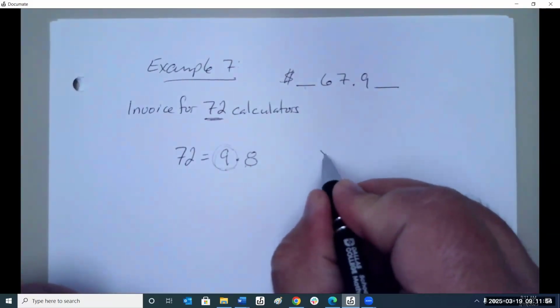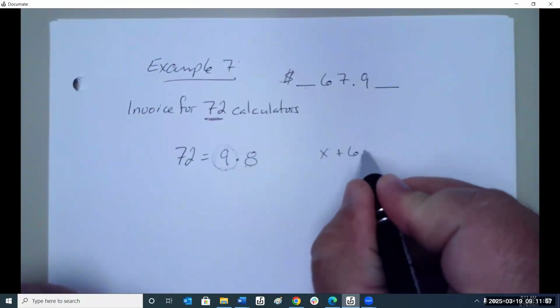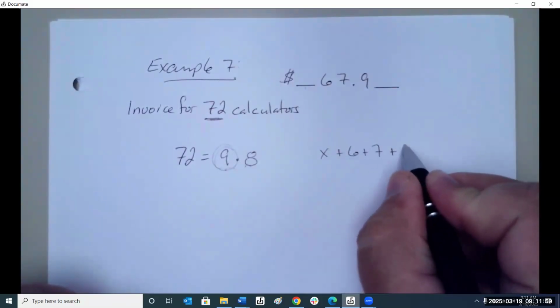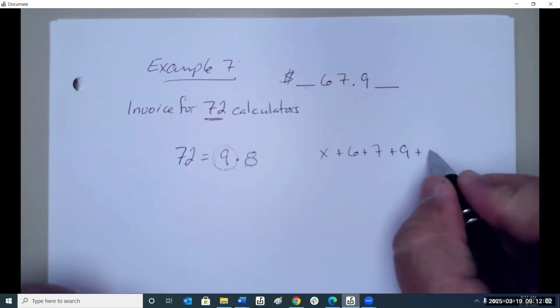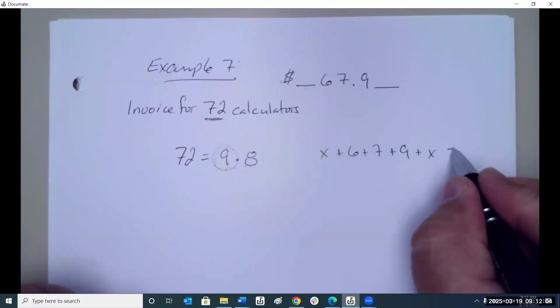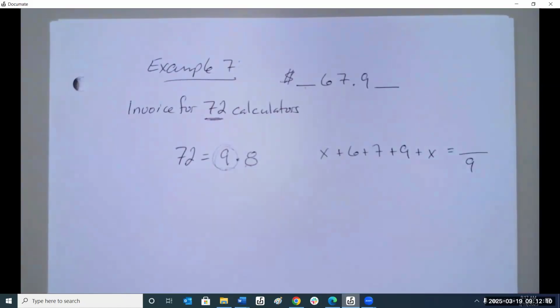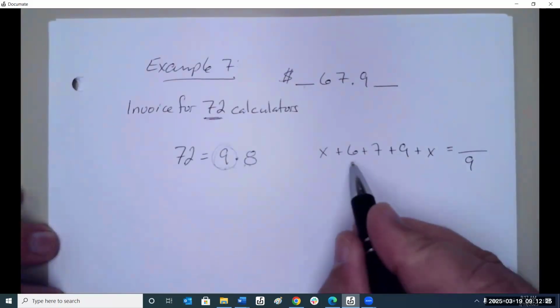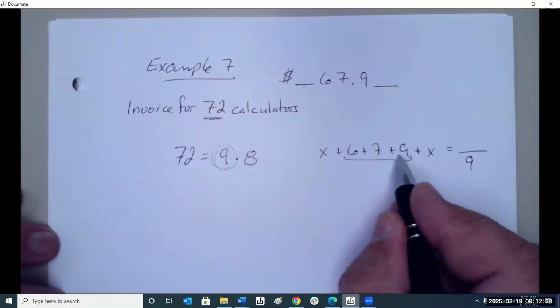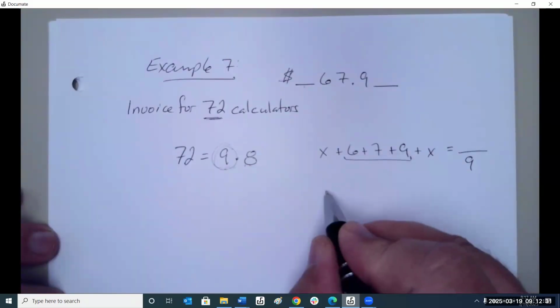So we have an empty number plus 6 plus 7 plus 9 plus another empty number. Whatever that number is has to be divisible by 9. So what else do we know? Well, we can add up these. 6 plus 7 is 13 plus 9.